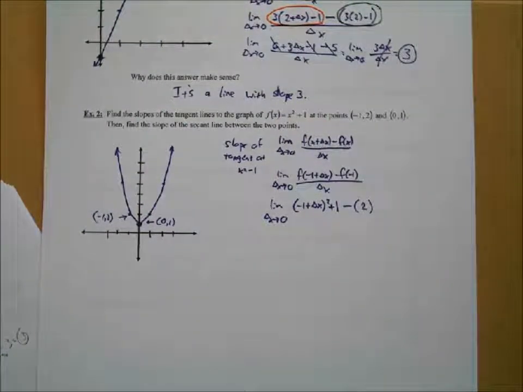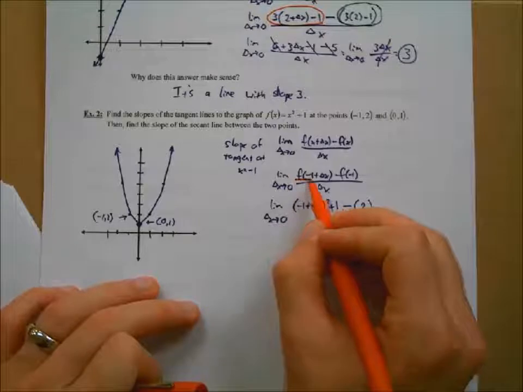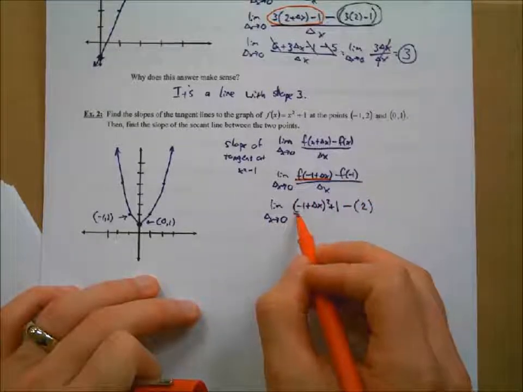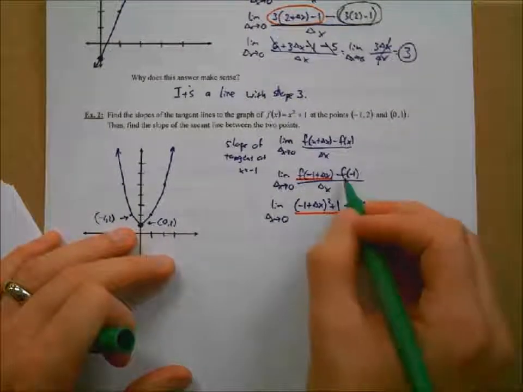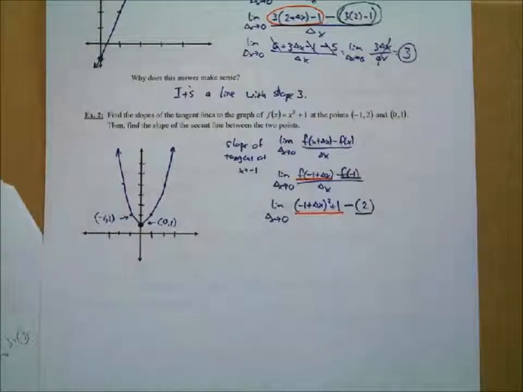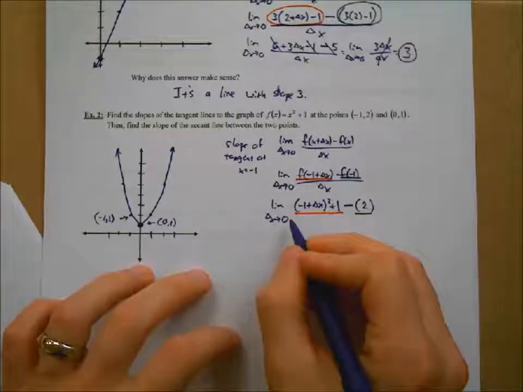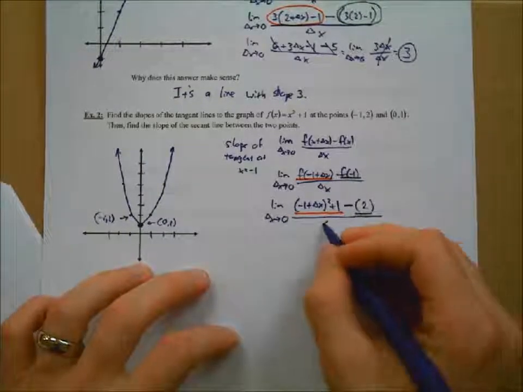But again, I'll try and highlight things here. This f of -1 plus delta x is this piece right there. The -2 is the minus f of -1 right there. So just so you know what matches to what, where we got those things, all over delta x.